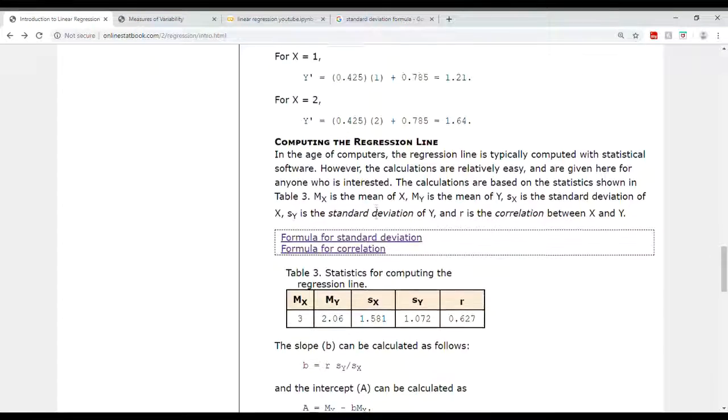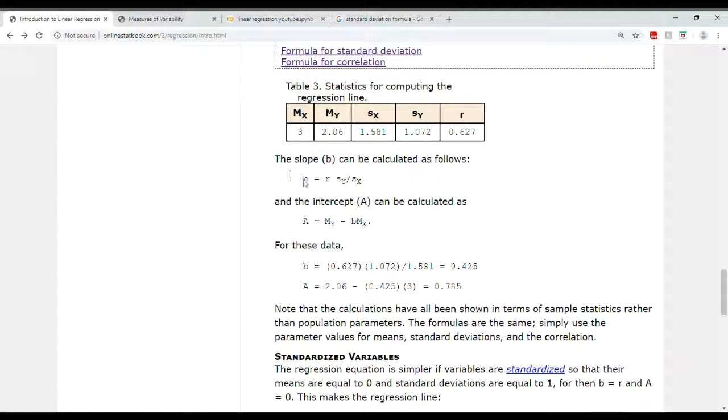Well, the formulas are given right here. B is the American way of saying M, and maybe the whole world's way of saying M. Really, I study British words, so that's better. So to find out the gradient, multiply the correlation by the standard deviation of y over x.